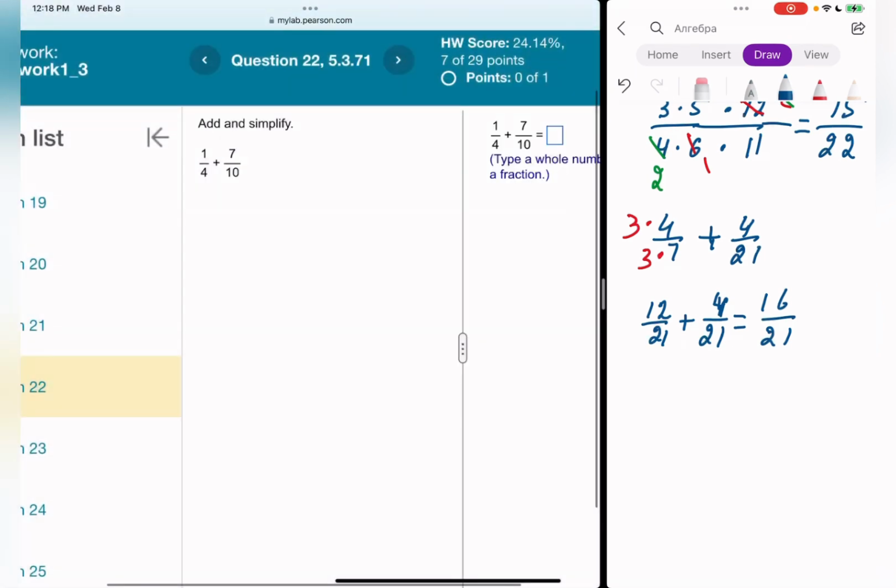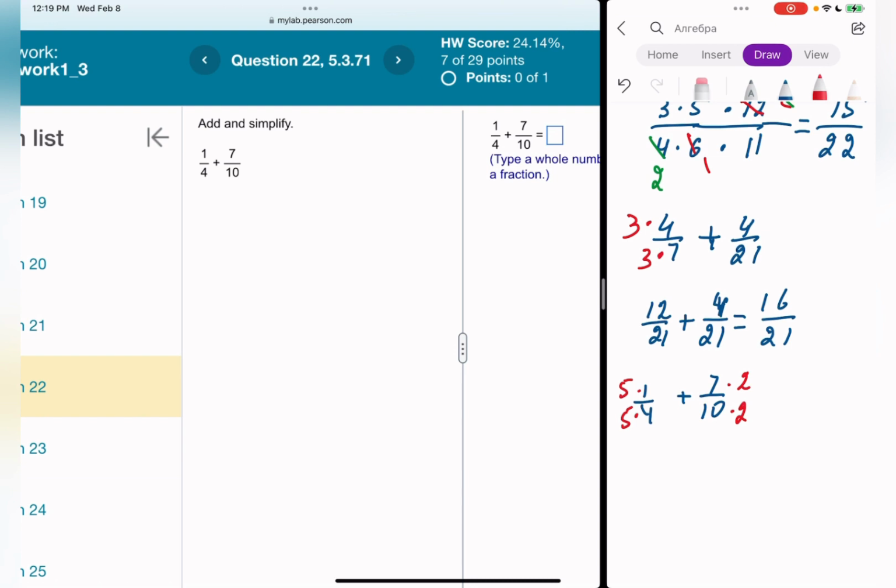Well done. Question number 22. 1 over 4 plus 7 over 10. What is going to be the common denominator? Meaning the number that I can divide by 10 and I can divide by 4. It's going to be 20, right? 10 times 2 to get 20 and 4 times 5 to get 20.